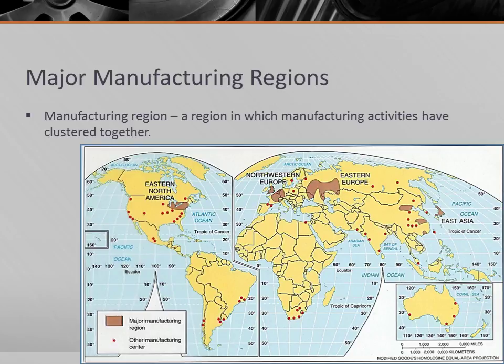And 75% of the world's manufacturing output comes from those areas that you see in brown, which are essentially North America, Europe, and East Asia. So 75% of the world's industrial output comes from each of those areas. So let's go ahead and take a look at those areas in a little closer detail.